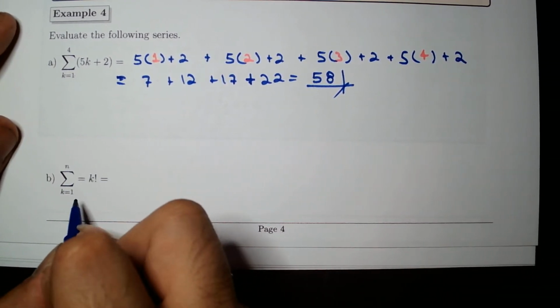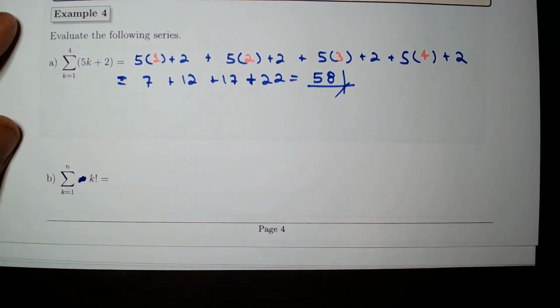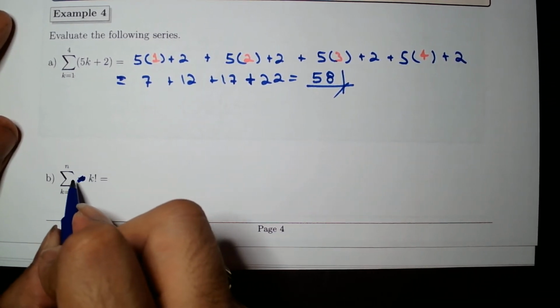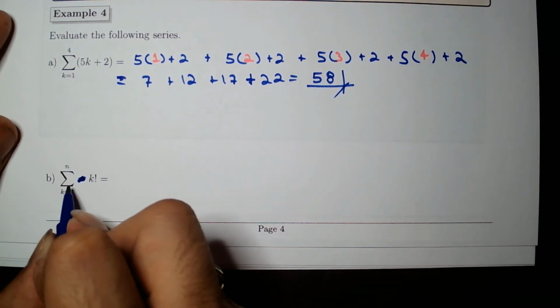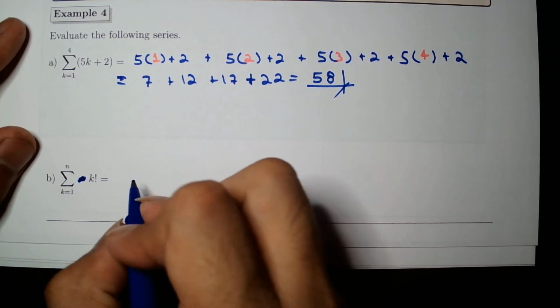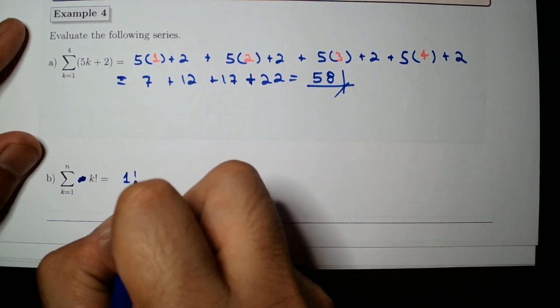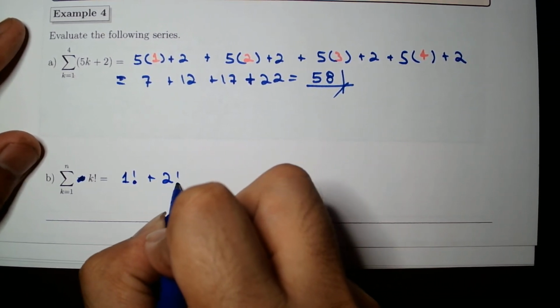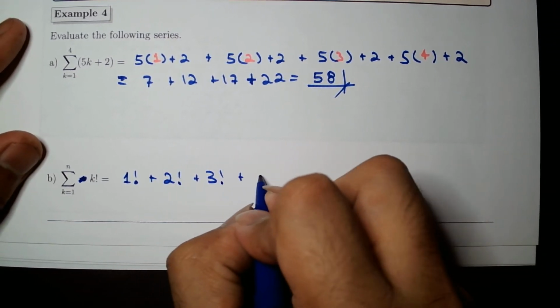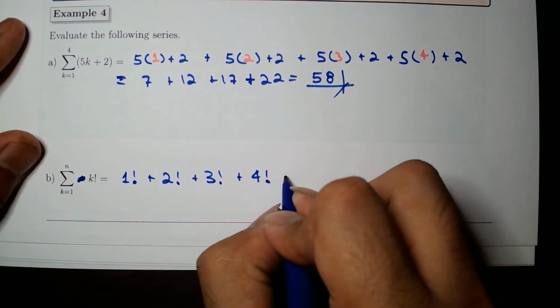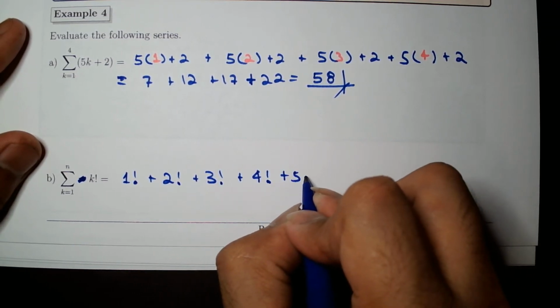In this case, this is the sum of k factorial as k goes from 1 to n. That is, we're going to do 1 factorial plus 2 factorial plus 3 factorial plus 4 factorial plus 5 factorial.